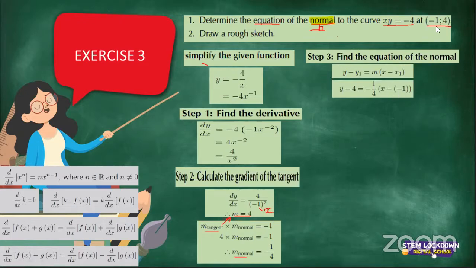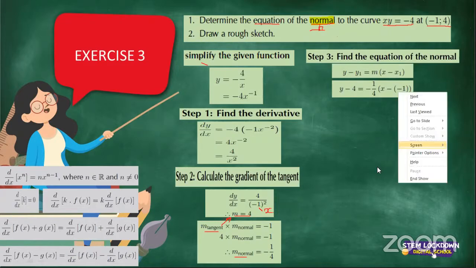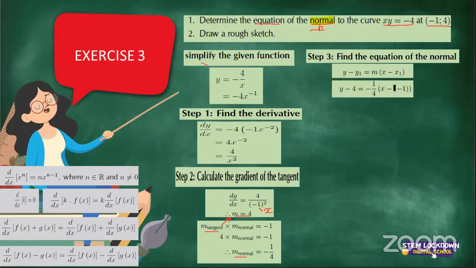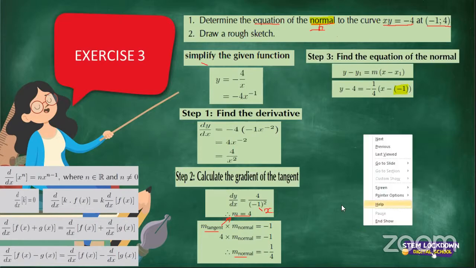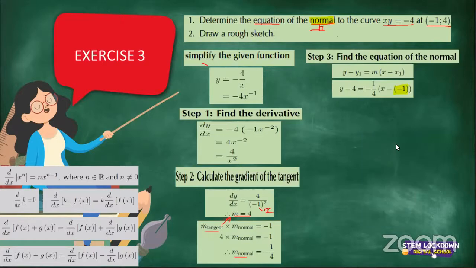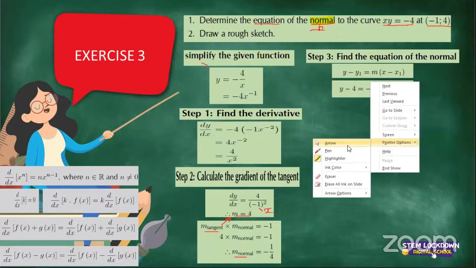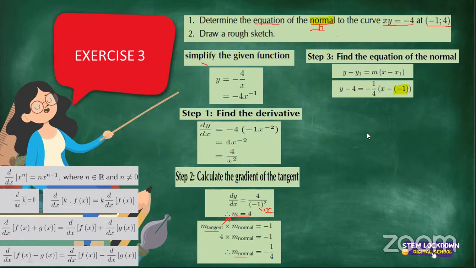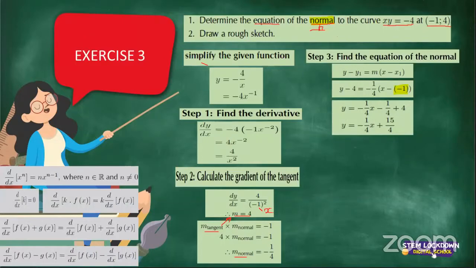So make sure that you check the sign of your point so that when you substitute here, you put the correct value. So just make sure that if your point is negative, you substitute the correct value. Then you solve.